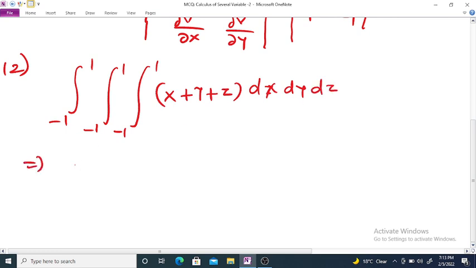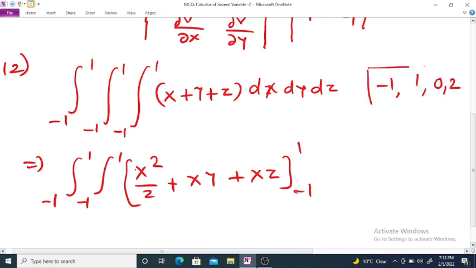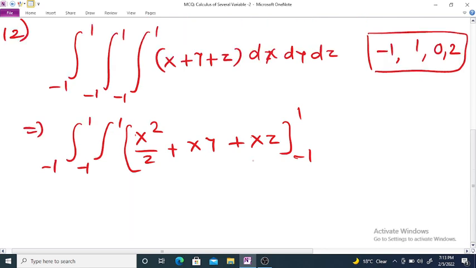First, if we evaluate with respect to x, with limits minus 1 to 1, the integration of x is x square by 2, integration of y with respect to x is xy, and integration of z with respect to x is xz, and the limit is from minus 1 to 1. Options are minus 1, 1, 0 and 2. These are the options A, B, C, D, and we want to check which one is the correct option. dy dz.